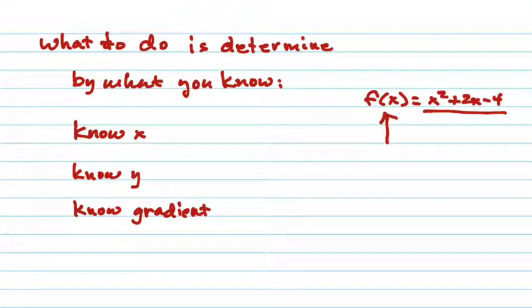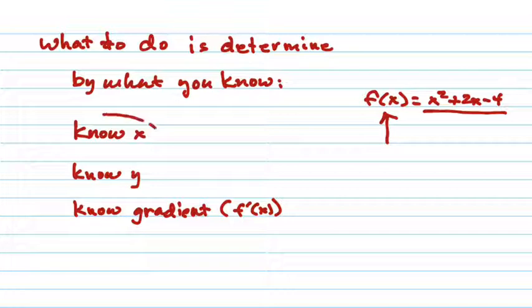Or you may know the gradient, or change, or slope, or whatever. Gradient's the word we've been using, but now they're going to use rate of change instead. It means the same thing. If you know that, remember that's the same as your derivative part, f prime of x. So what we're going to do is just substitute. Some of them we have to find the derivative first, most of them actually. You find the derivative first, and then you plug in the thing that you have.